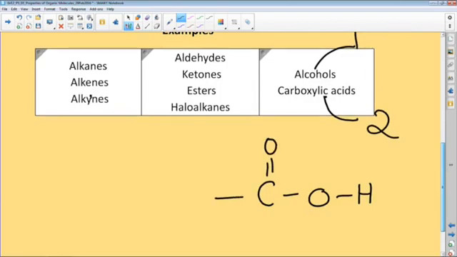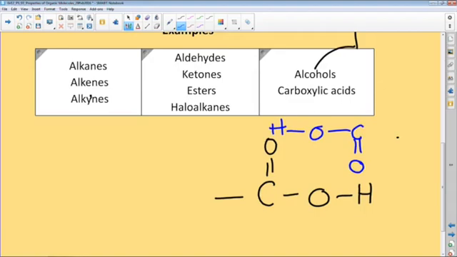Another alcohol comes along, and let's put it over here. Now I'm going to put it on backwards. What happens is we have the OH over here, and we have the double bond oxygen over here. So we can form a hydrogen bond there, and we can form a hydrogen bond there. So there's two places for the hydrogen bond to happen.